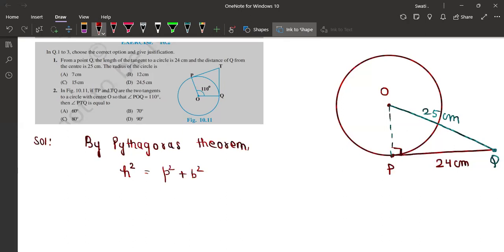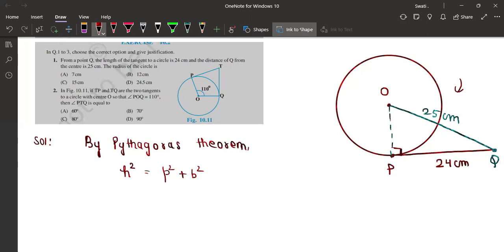Very good. Now tell me, what is hypotenuse here? OQ, OP, PQ, what is hypotenuse? Yeah, H is the hypotenuse, but in this figure, what is the hypotenuse? OP is the hypotenuse, OQ is the hypotenuse, or PQ is the hypotenuse?